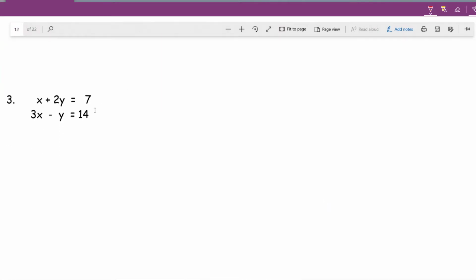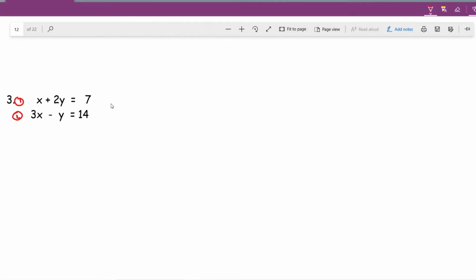In this case, again, label that equation 1 and that equation 2. None of those are the same. What we could do here is multiply this equation by 3 to make the x the same, or you could multiply this equation by 2 to make the y the same, which I'm going to do.